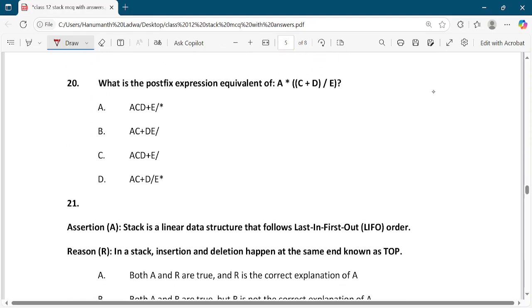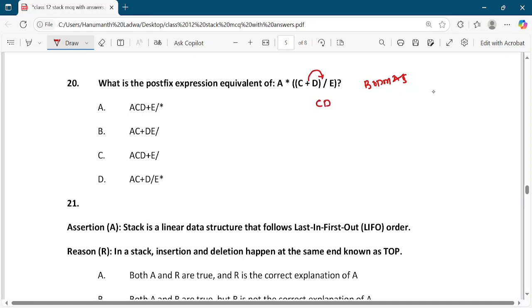Question number 20. What is the postfix expression equivalent of A into (C plus D) divided by E? As per the BODMAS rule, that is bracket, of, division, multiplication, addition and subtraction, we have to give preference to the expression enclosed within the bracket, and within the bracket, another expression is enclosed. We have to give preference to this enclosed expression first. So this plus is to be moved on to the right hand side in order to write the postfix expression.